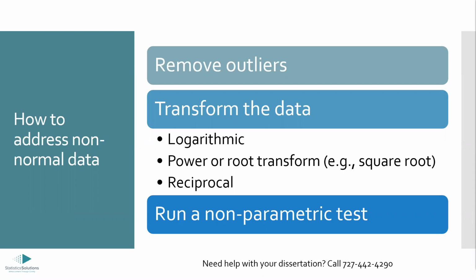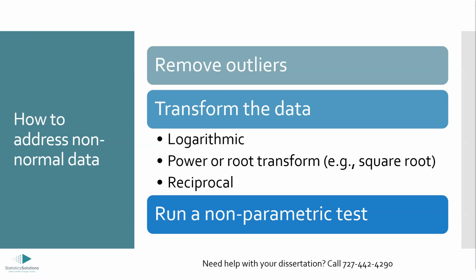So for instance, for an independent samples t-test, the non-parametric version of that test is the Mann-Whitney U-test, and it'll give us similar output in terms of, you run your test and it gives you a p-value to determine if two groups are significantly different from each other. But the non-parametric version of the t-test, the Mann-Whitney U-test, does not assume that the data are normally distributed.